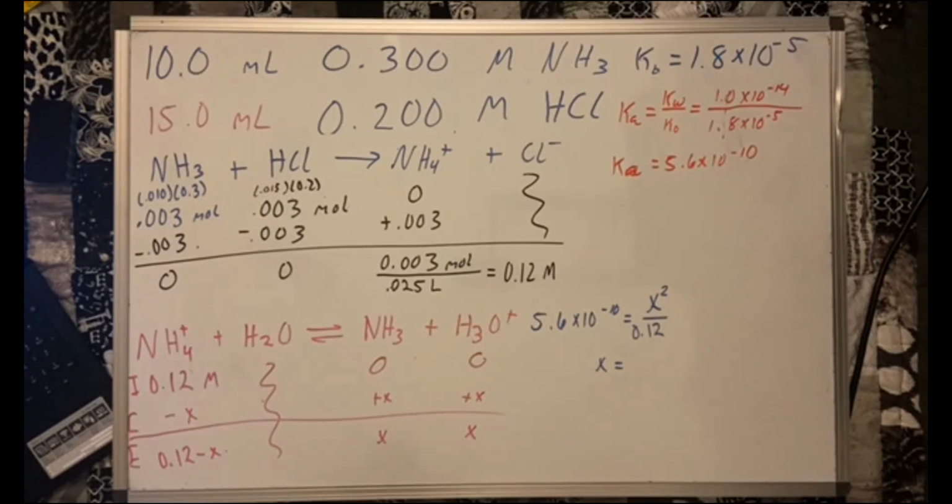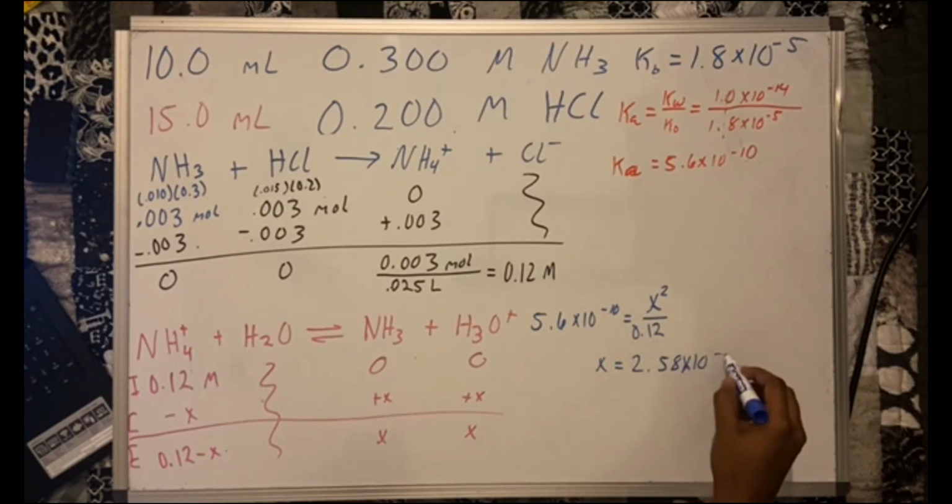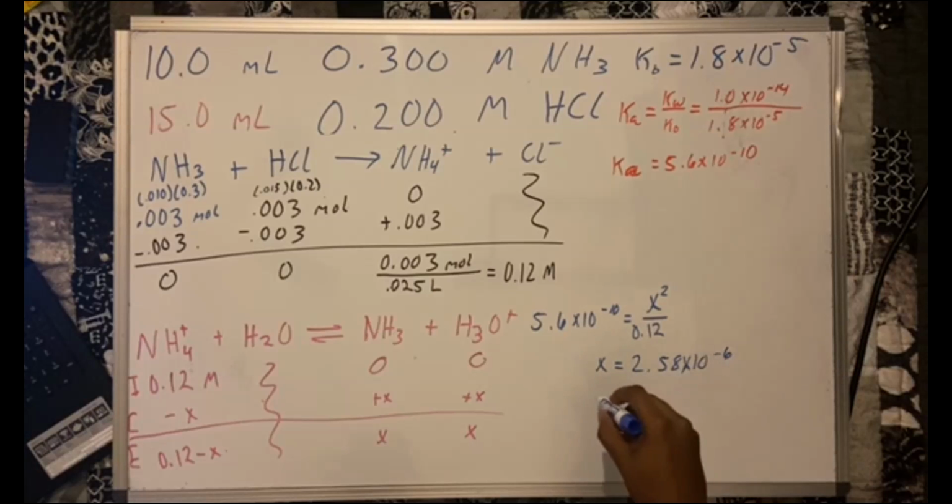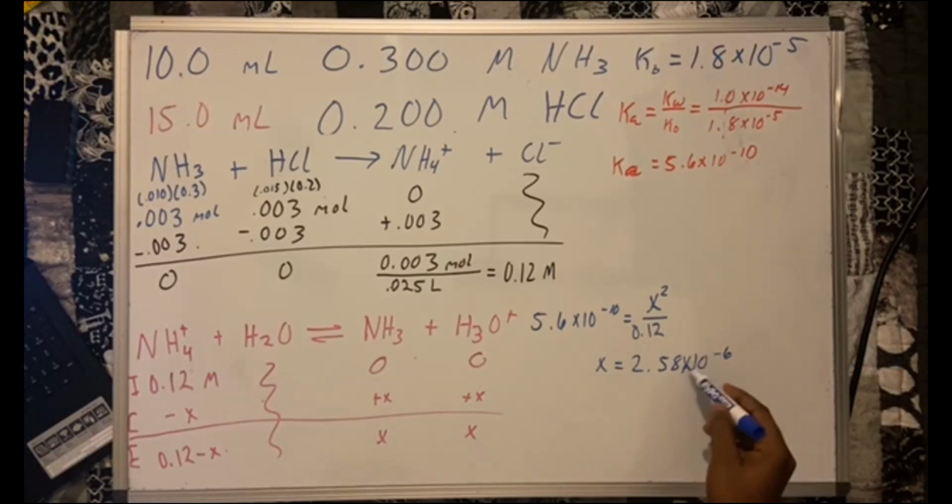Don't forget to square root. 2.58 times 10 to the negative 6. Right? You gotta check it.